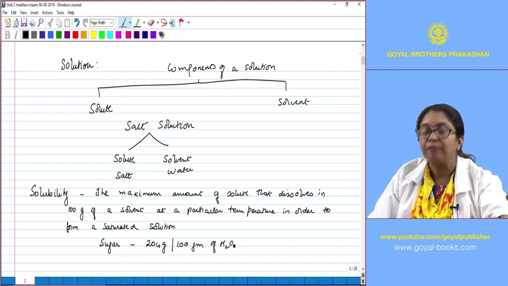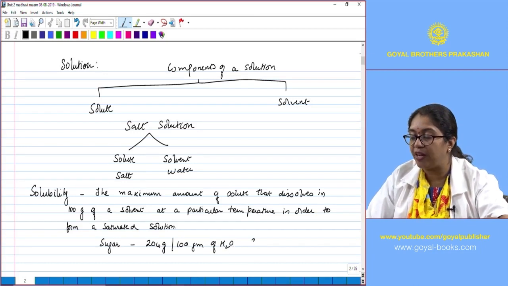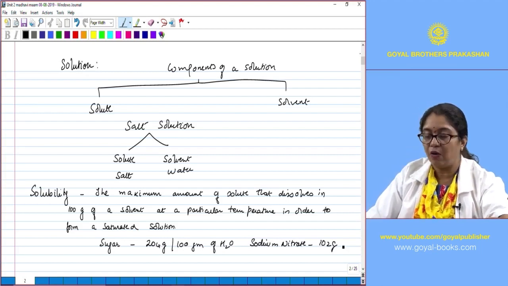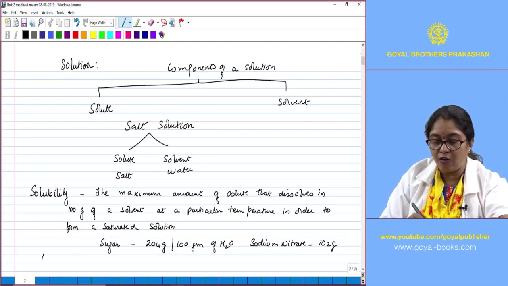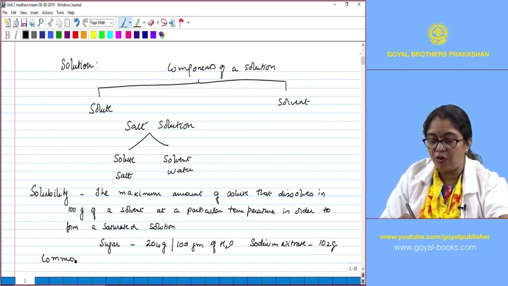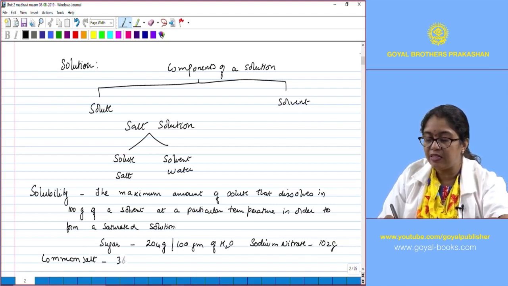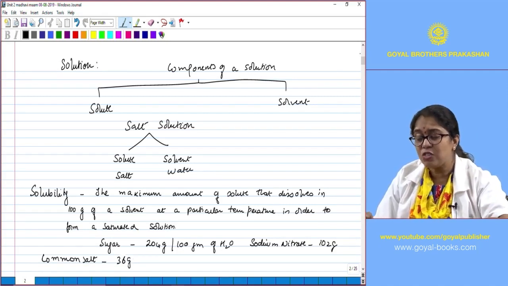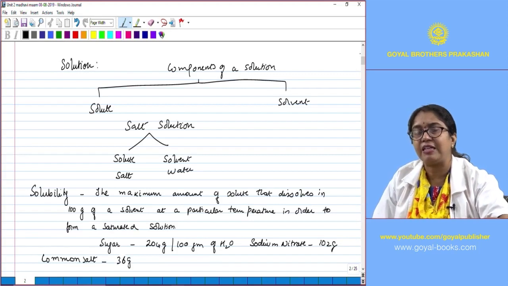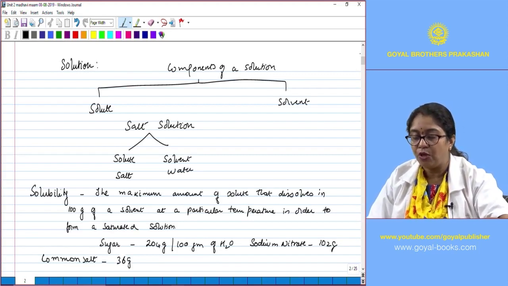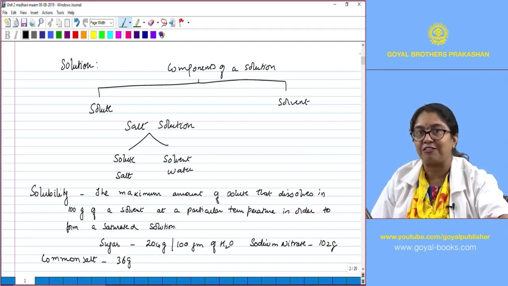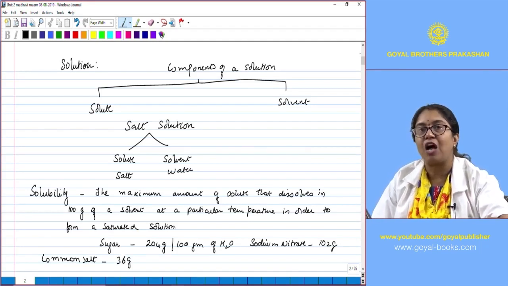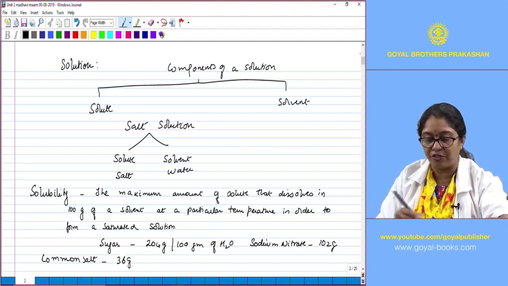Similarly, the solubility of sodium nitrate is 102 grams, and the solubility of common salt is 36 grams, and like this we have different solubilities. Is that clear, children? So coming to the solubility, now what are the factors which are going to determine the formation?